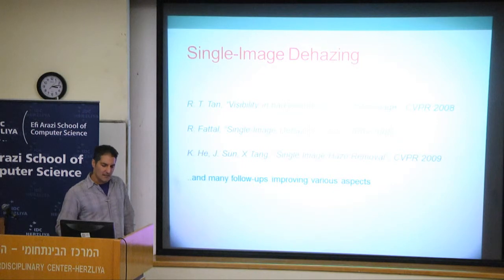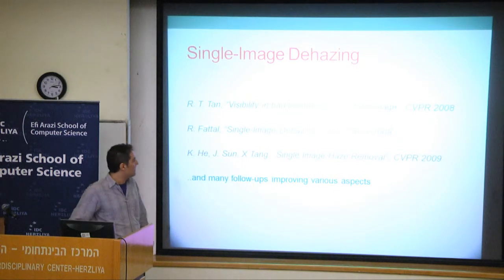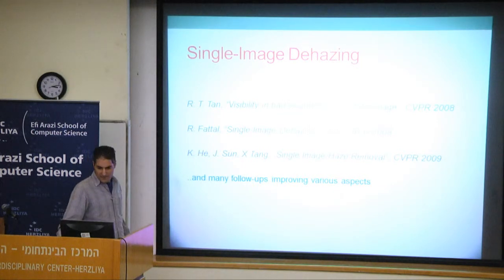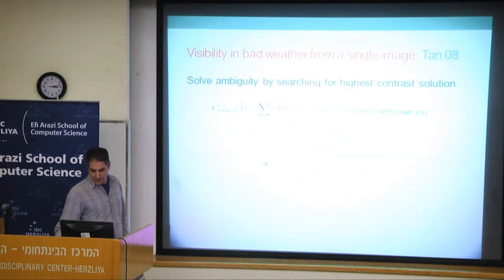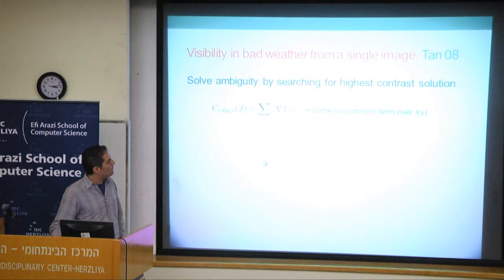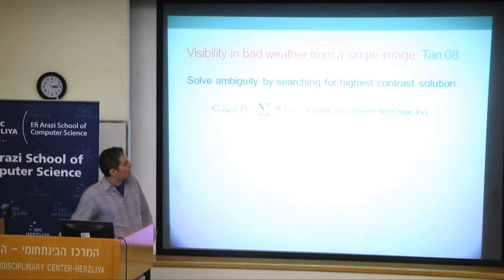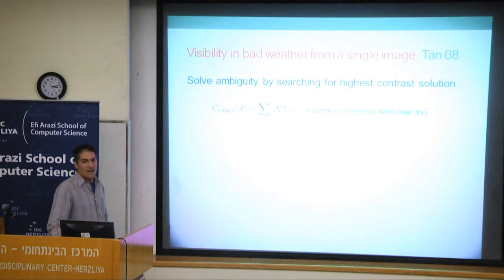Single image dehazing methods appeared lately. Indeed, I presented one here 5 years ago, I think. Let me briefly talk about these three works. So the visibility in bad weather from a single image by Tan from 2008 solves this ambiguity by just searching for the output image that would be the most contrasty, right?